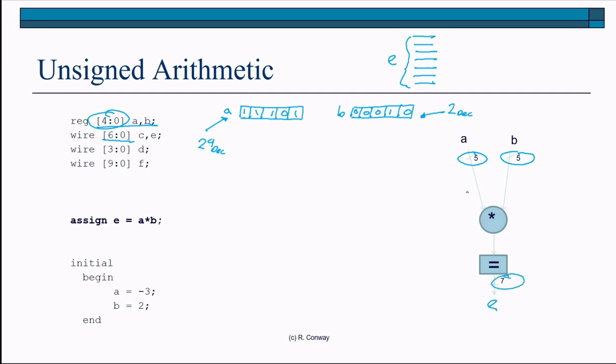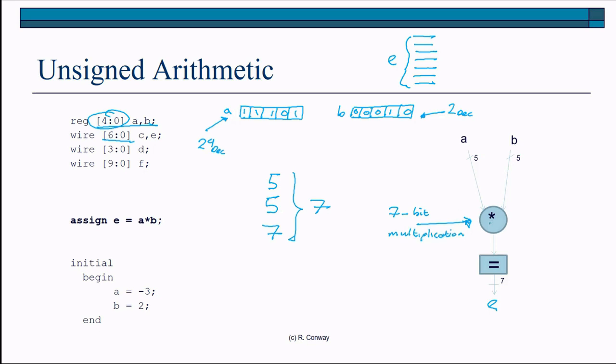All of the arithmetic operators are context determined, which means for our example that we find the largest of the 3 values for the sizes. So 5, 5, and 7. And the largest value there is 7, thereby telling us that we do a 7-bit multiplication.